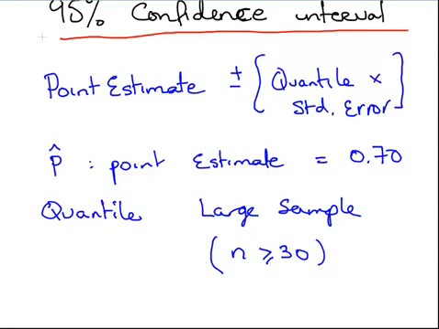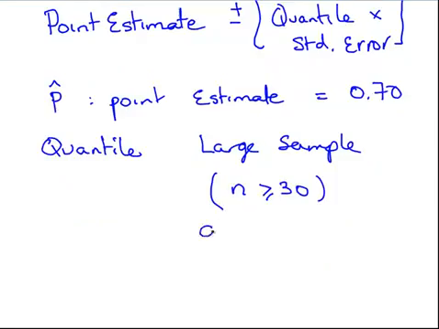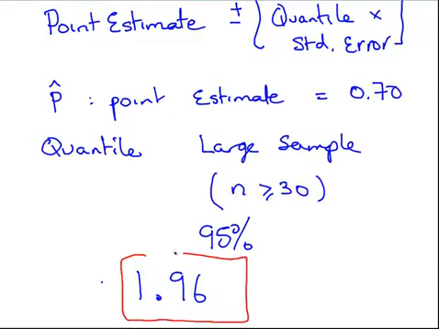But it's a 95% confidence interval and it's a large sample size. So I'm just going to state here that the quantile is 1.96. If you're unfamiliar with how I got that, you need to go back to some of my earlier videos. For large samples, it's always the quantile for a 95% confidence interval.